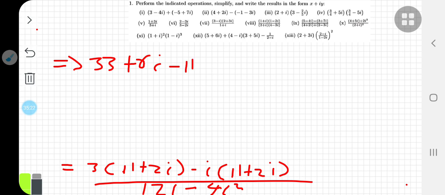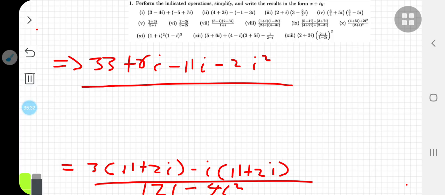Minus 11i there, then what? Minus 2i squared. What is going to be my denominator? I'm going to have 121 plus 4. You see?